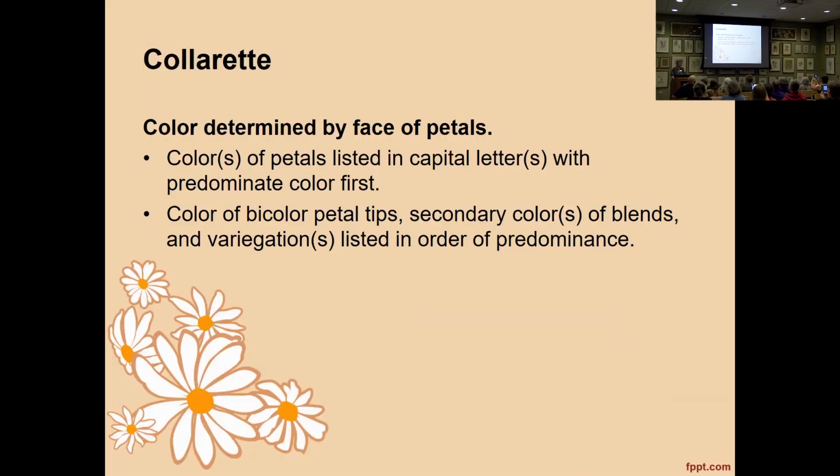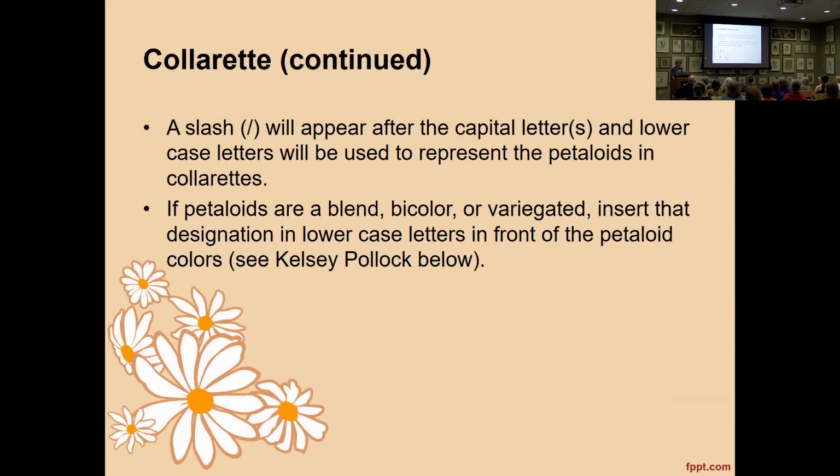Colorets. Color is determined by the face of the petals. Colors are listed in capital letters with the predominant color first. The color of bicolor petal tips, secondary colors of blends, and variegations are listed in order of predominance.